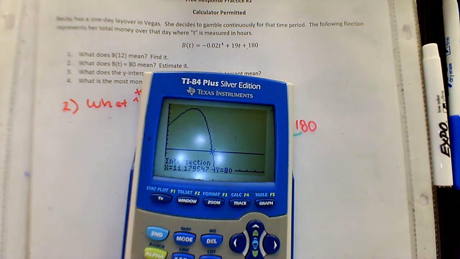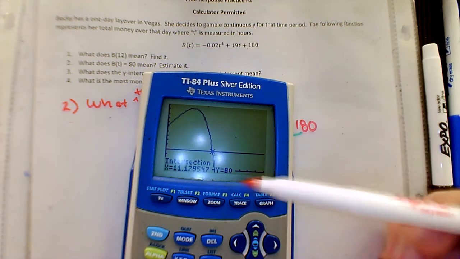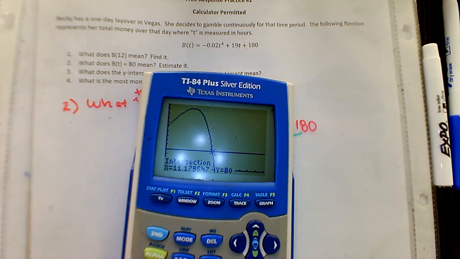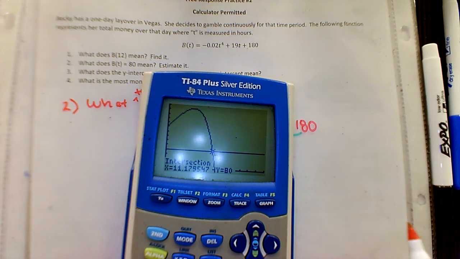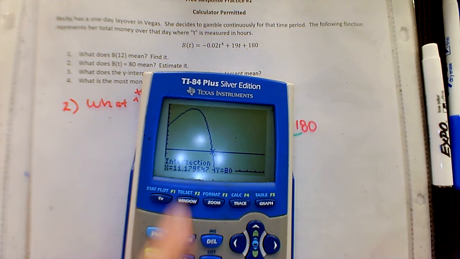All right. After that, you should see the word intersection come up on your screen. So the ordered pair underneath it is the exact crossing, where they're equal to each other. So we said that we're trying to figure out a time, which was like an x value in our equation.